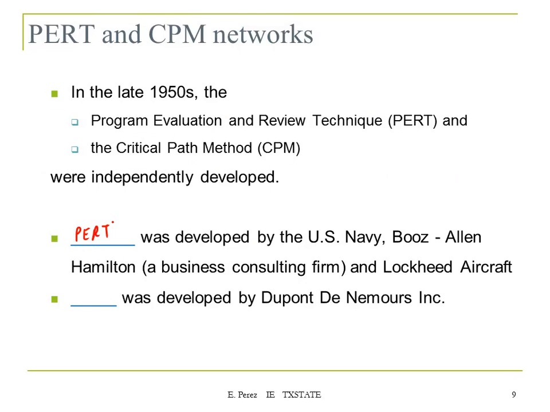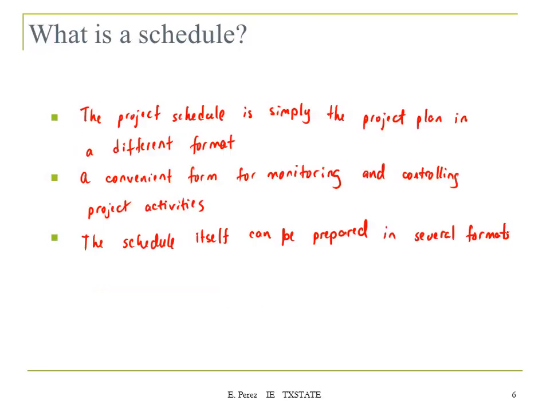And CPM was developed by DuPont de Nemours Incorporated. So these companies are still alive, you can say. They're big companies, and they were basically looking at ways to improve their schedules, and they came up with these strategies that have become the standards for doing these things.